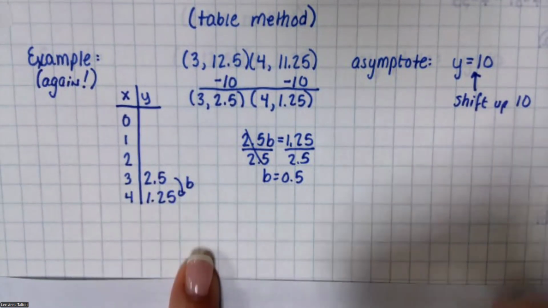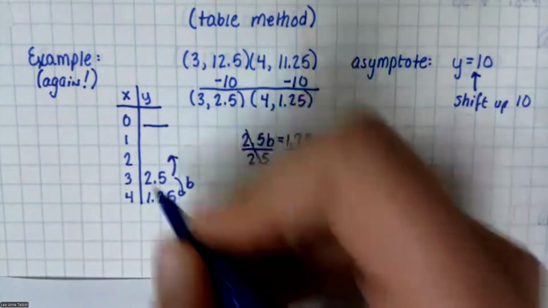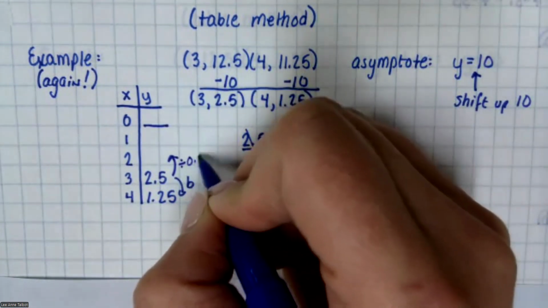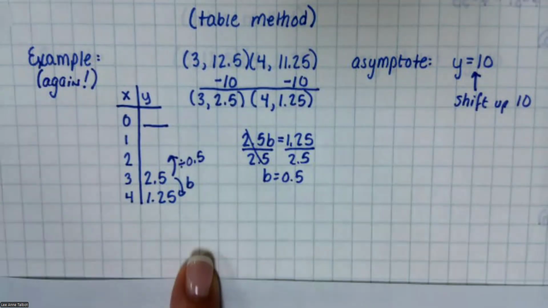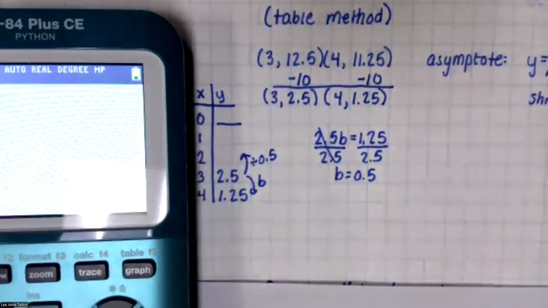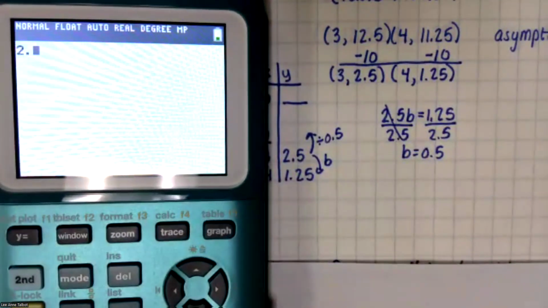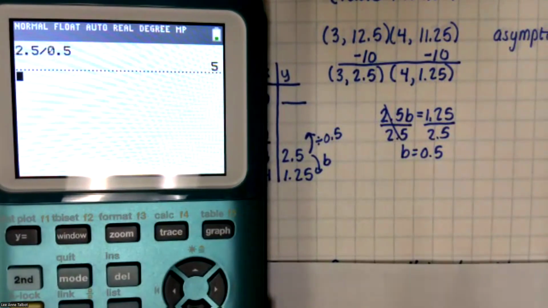Now to get A is this number right here. I need to divide by B to go back up the table. So when you go down the table, you multiply. When you go back up the table, you divide. So 2.5 divided by 0.5 is 5.